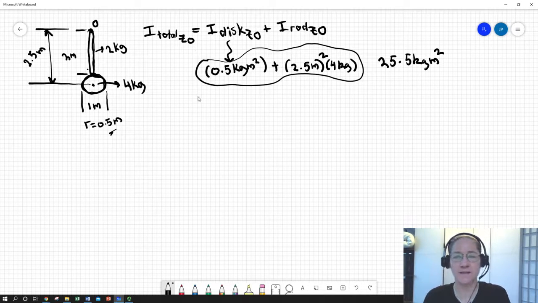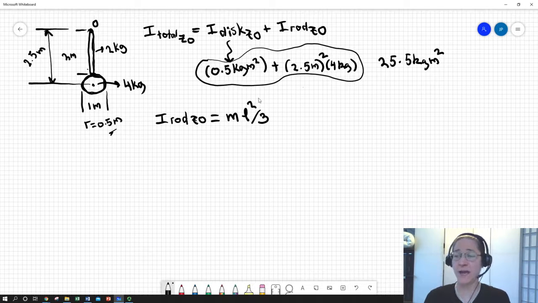Now, the rod's a little bit easier because that's something that we can look up directly in a handbook typically, the mass moment of inertia of a slender rod about its end point. And that is in fact mass times the length of the rod squared over 3.